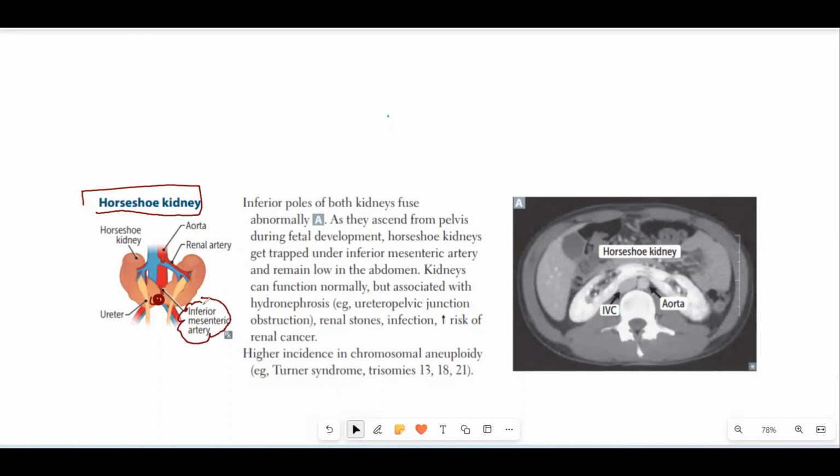The kidney can function normally, but it is associated with hydronephrosis, renal stones, infection, increased risk of renal cancer, and a higher incidence of chromosomal abnormalities like Turner syndrome and trisomy 13, 18, and 21. Here is the picture. Imaging shows that the inferior poles of the kidneys are fused together.